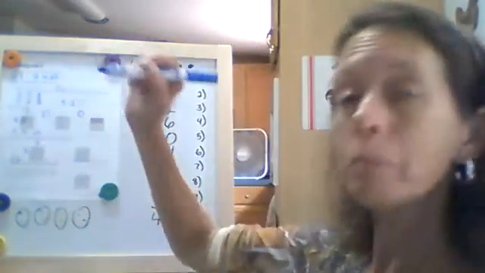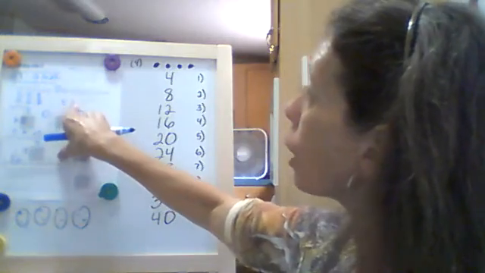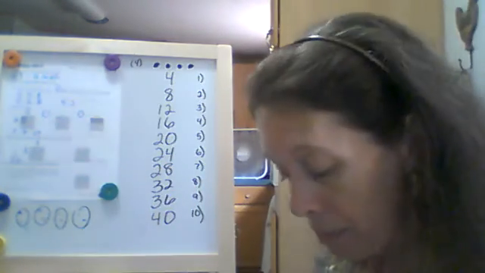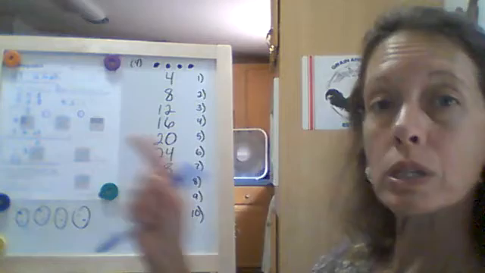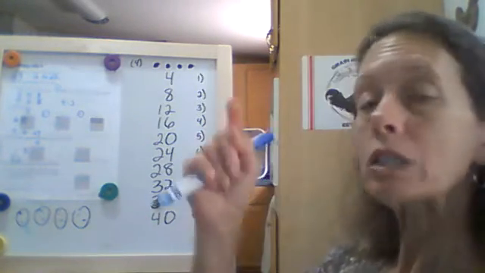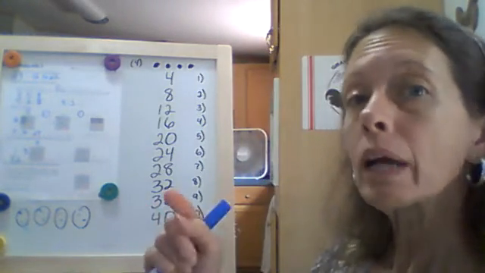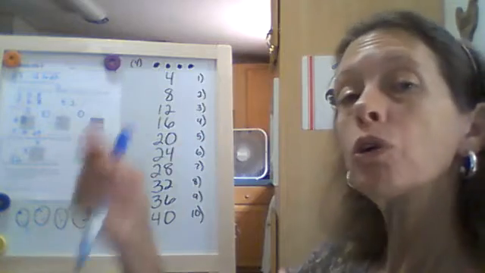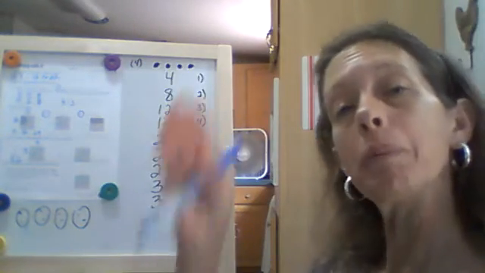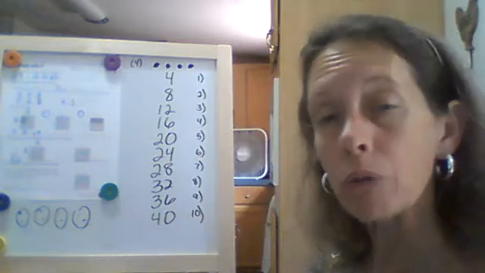See this problem? This is a vertical problem, and these problems are horizontal. You need to be able to do both in math. We start out with horizontal problems because it's easier to picture that in your head, okay? But as you get older, you need to move into the vertical problems because remember we've been working with place values and grids.